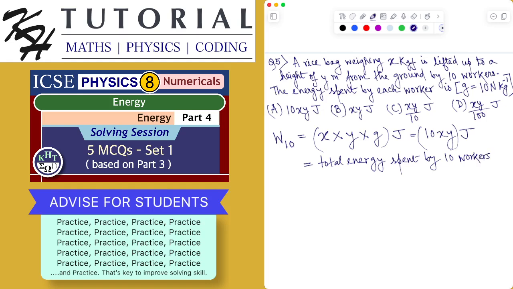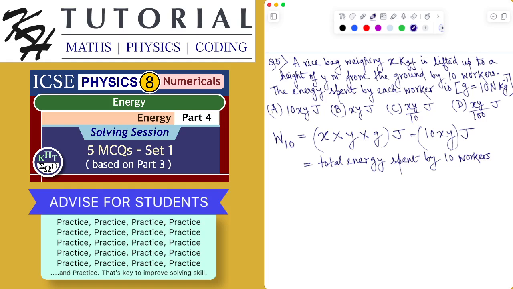The gain in the gravitational potential energy of the rice bag when it was lifted to a height of y meter from the ground, that energy came from the energy spent by the 10 workers, and that energy spent by the 10 workers is basically also the work done by the 10 workers to lift the rice bag, which is equal to 10xy joule.